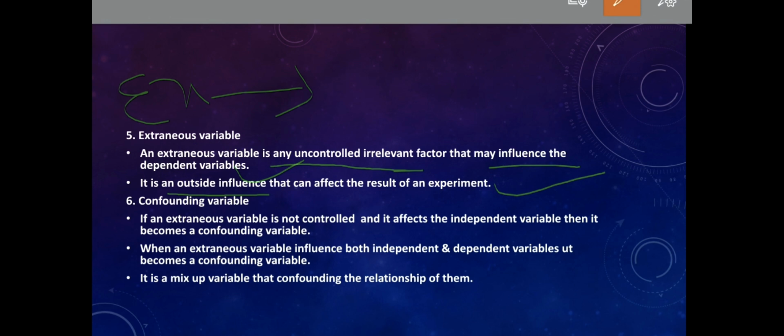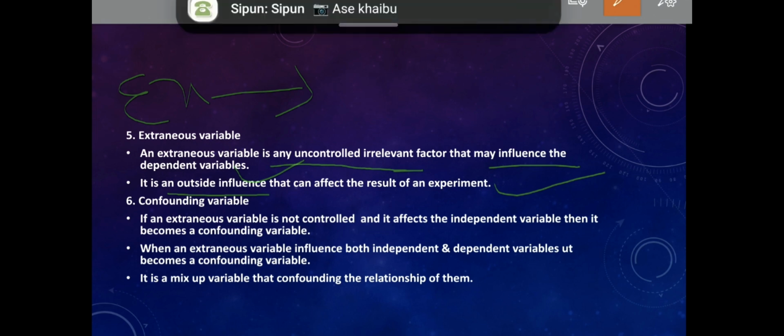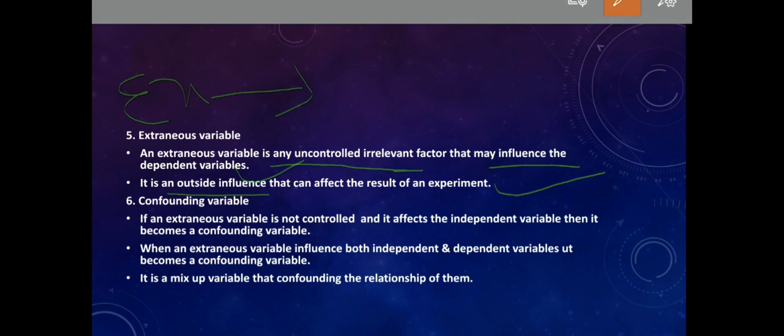In a constant variable, we know we have to control the variables. But if an extraneous variable is not controlled by the researcher and it affects the independent variable, then it becomes a confounding variable. An extraneous variable becomes a confounding variable when it is not controlled by the researcher or it affects the independent variable.